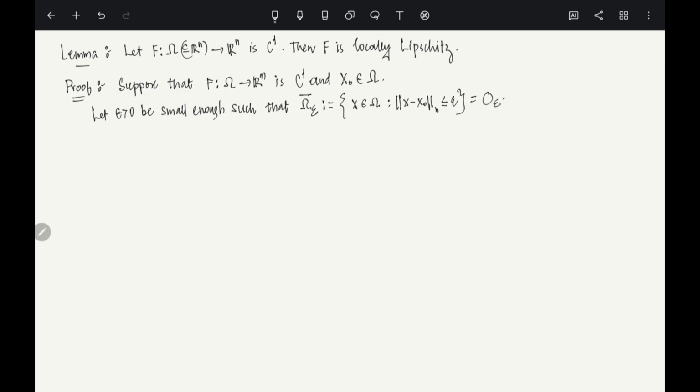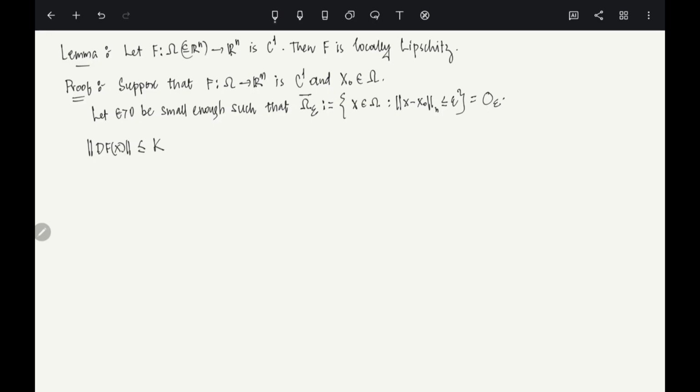Now you see O epsilon, what is happening is this: f is C1 and it is defined in whole omega. So you can actually have that the norm of df of x is always dominated by some upper bound.